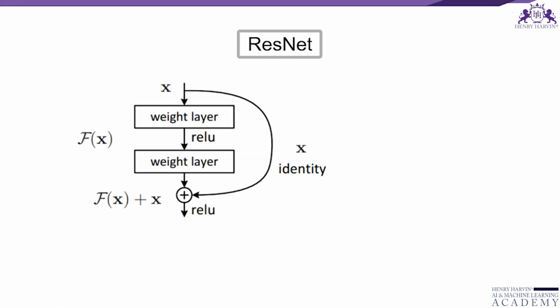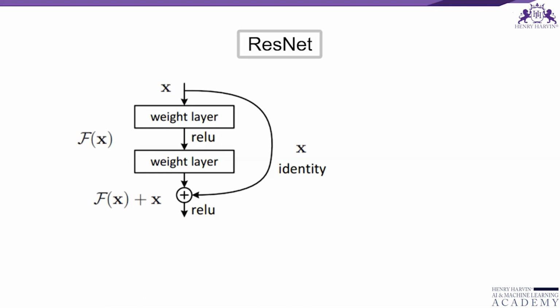We have a 64 dimension input, say 64 feature maps. We then do a 3 cross 3 convolution, and the size does not change.